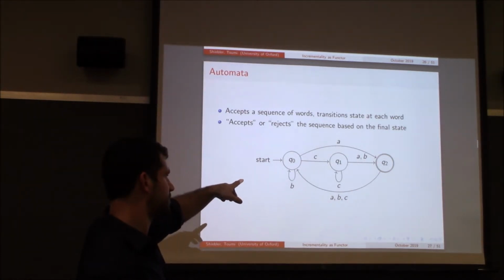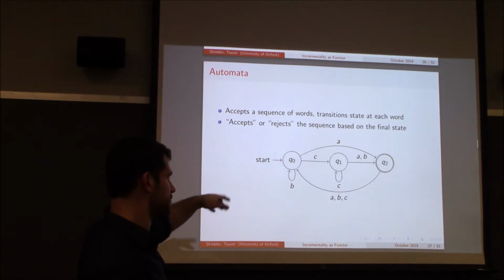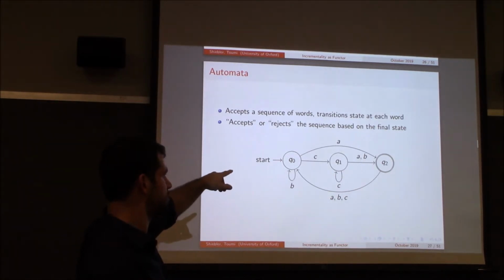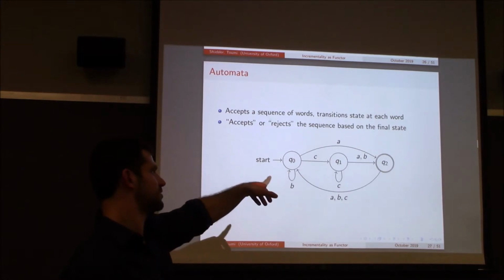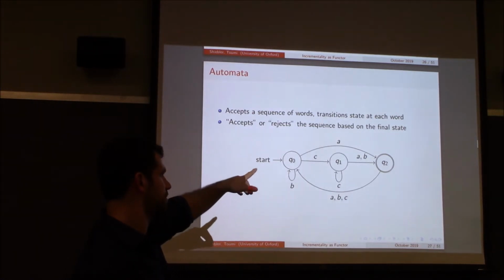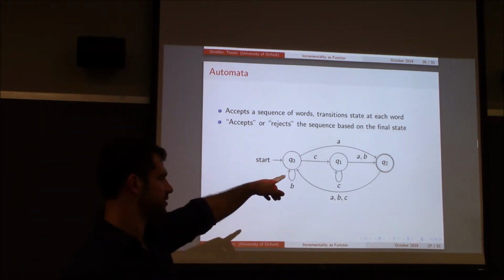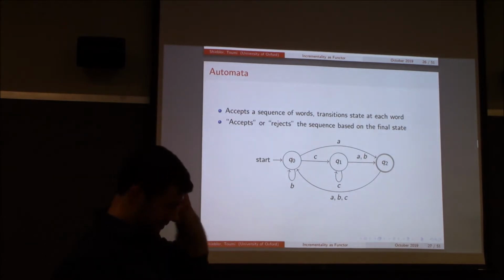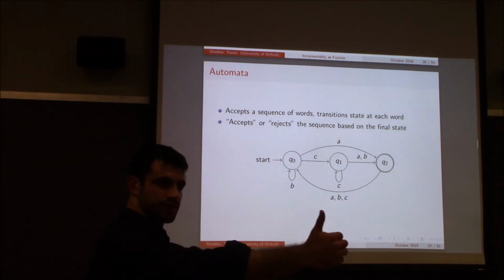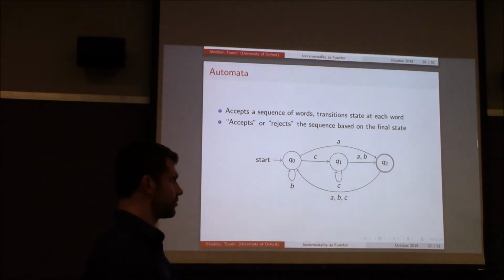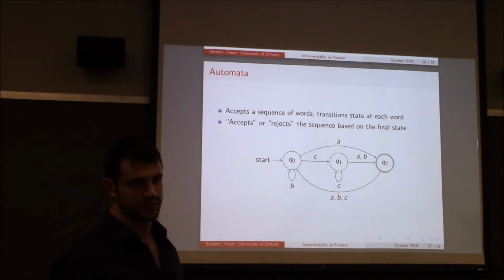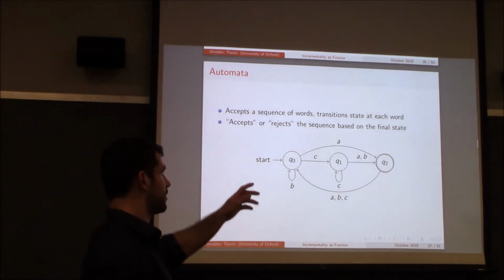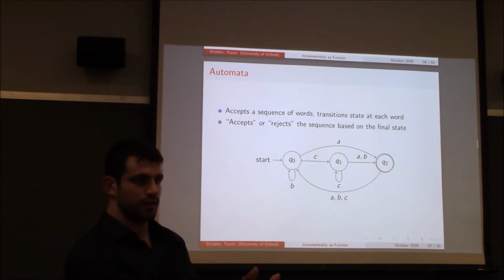Here words are letters. If we see B, we transition to Q0. We see C, we transition to Q1. We see C again, we transition back to Q1. We see A, we transition to Q2. And basically if we have some sequence of words or tokens, we can say that this sequence is accepted or rejected based on the final state.